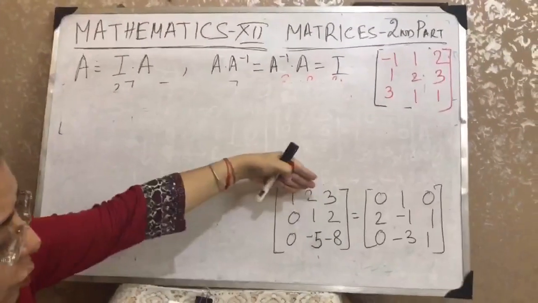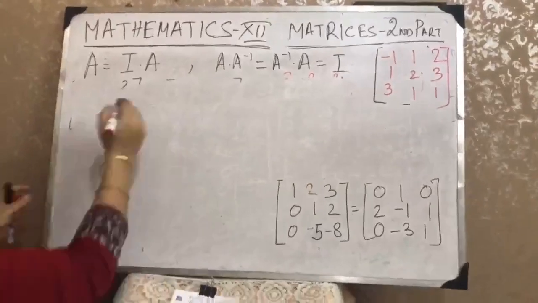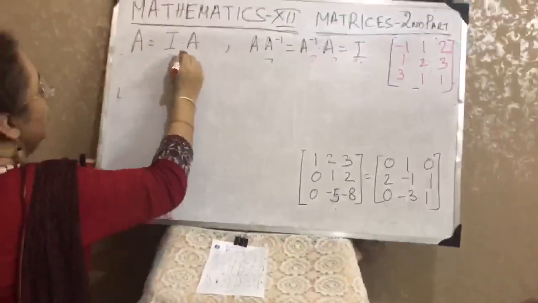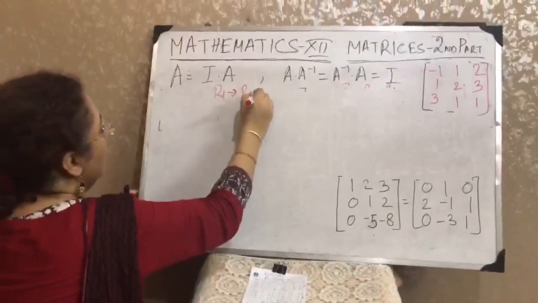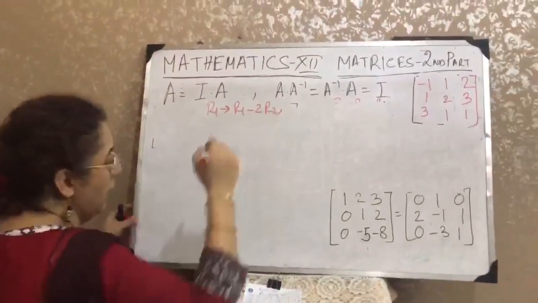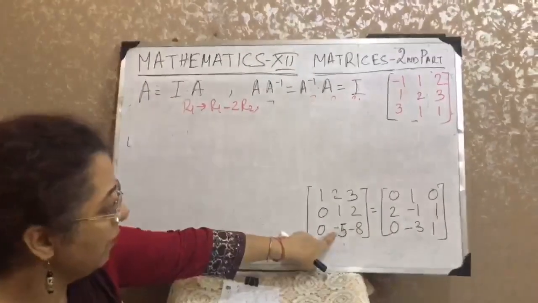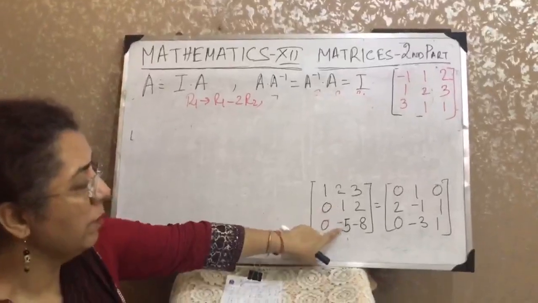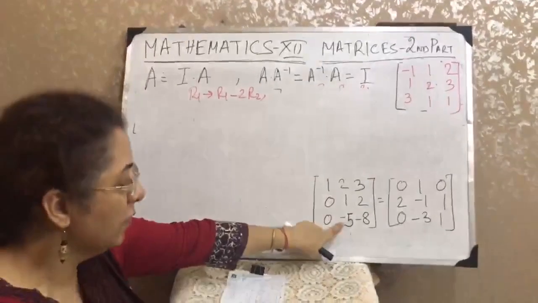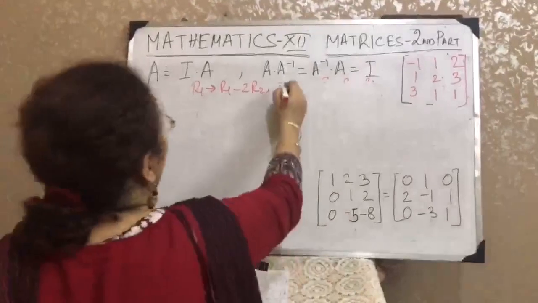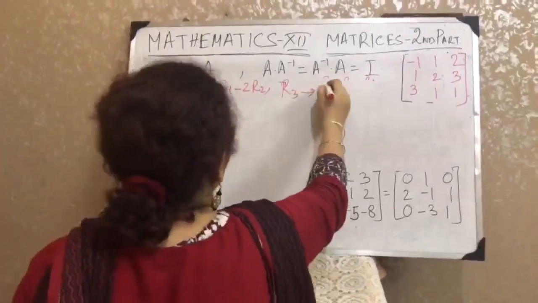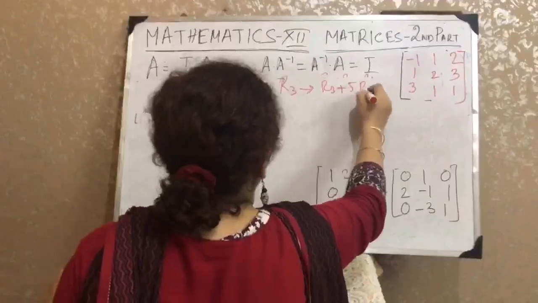That means R1 goes to R1 minus 2 R2 is my next operation. R1 goes to R1 minus 2 R2 and minus 5 plus 5 into 1 will give me a 0. That means R3 plus 5 R2. R3 goes to R3 plus 5 R2.